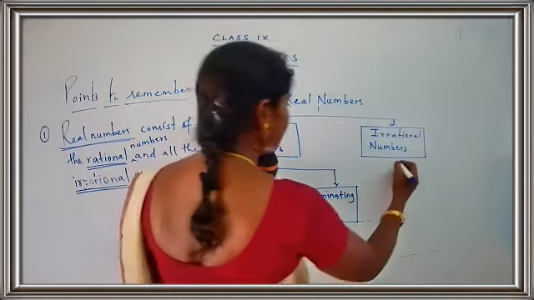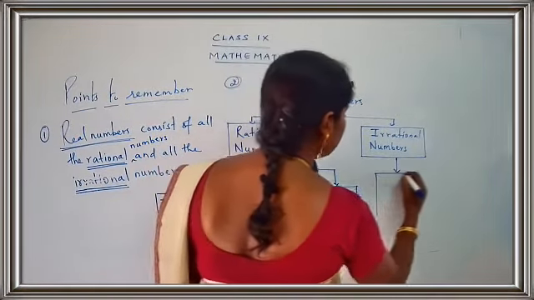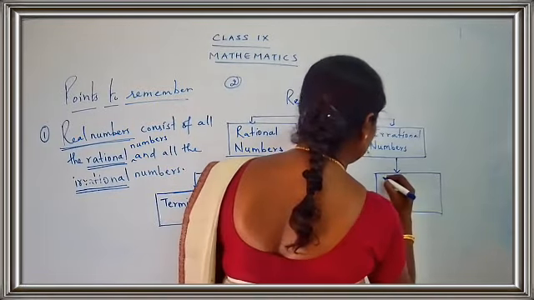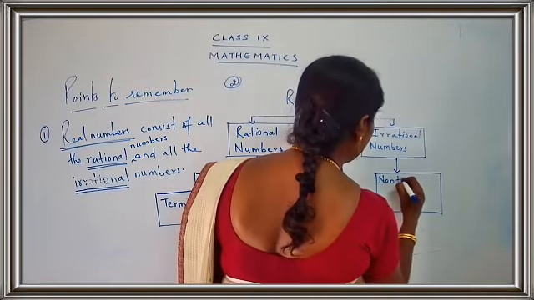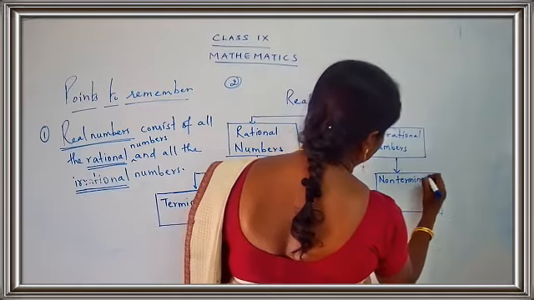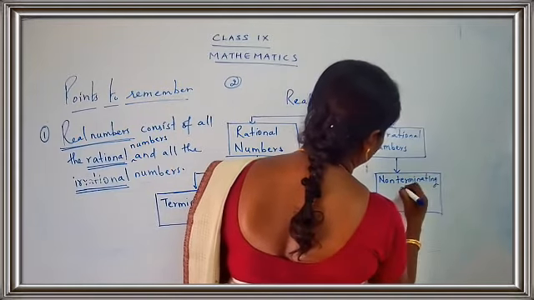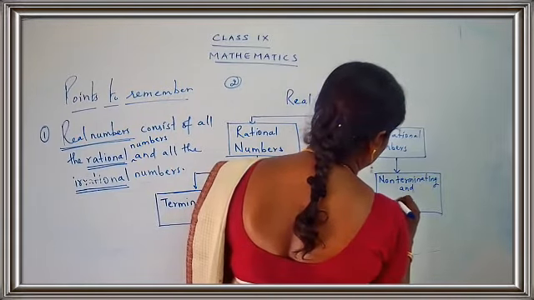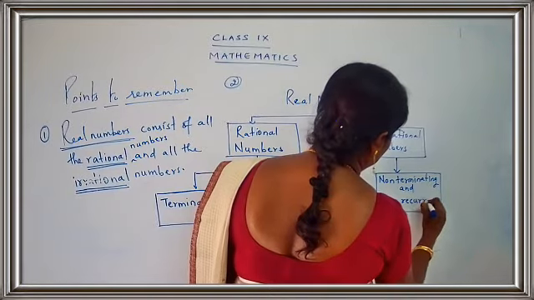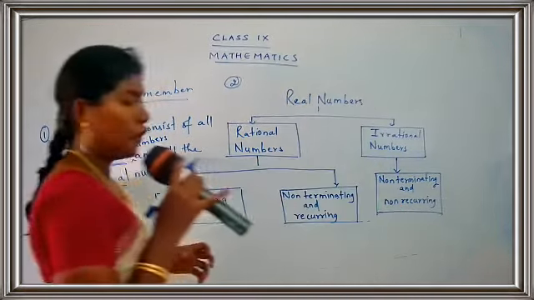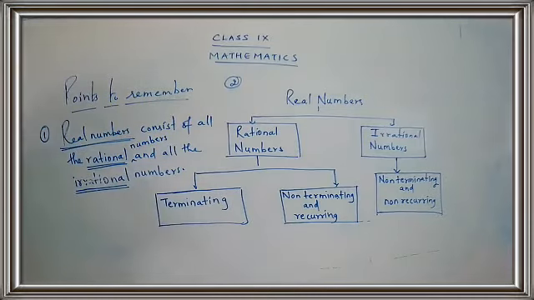And for irrational numbers, you have only one way of expressing, that is non-terminating and non-recurring.